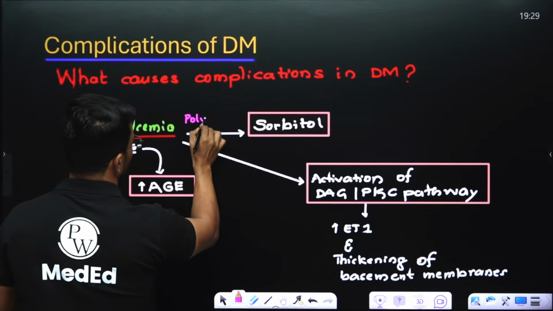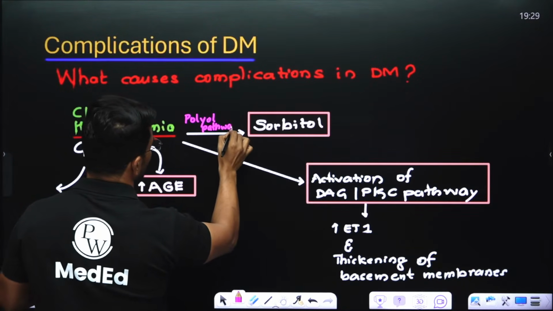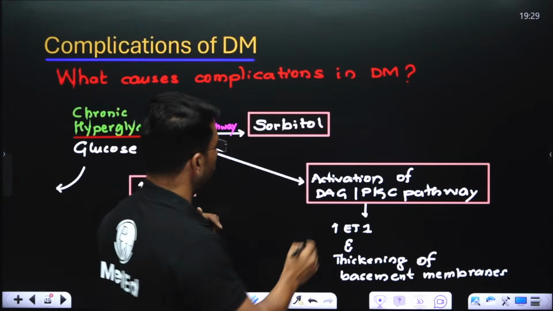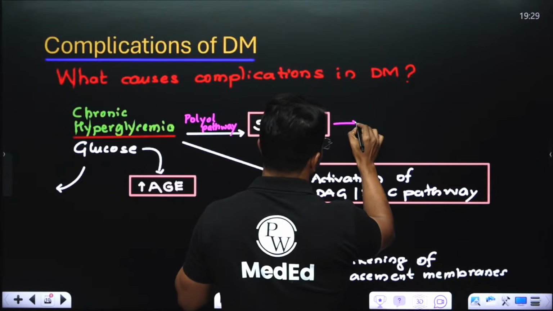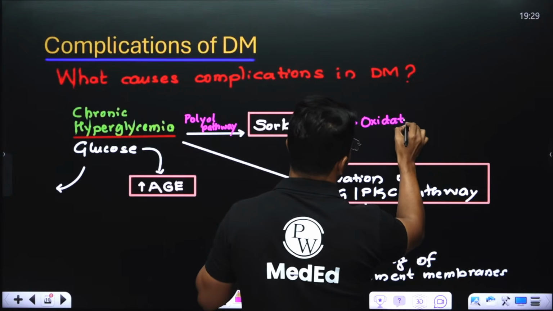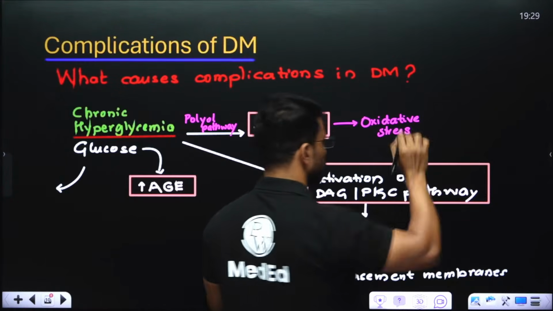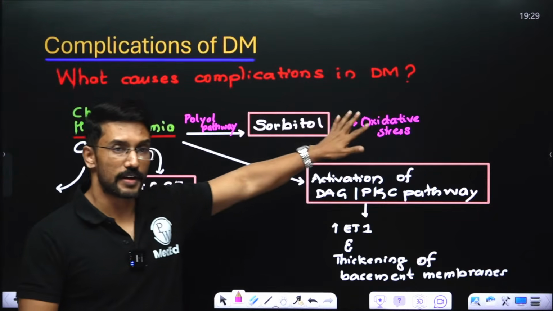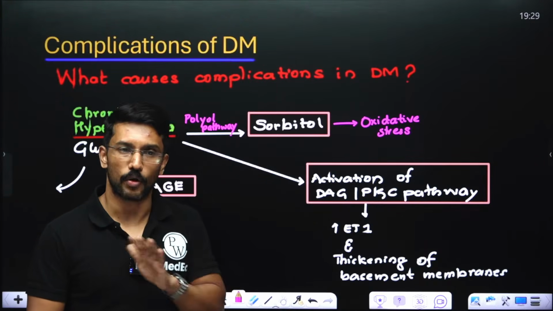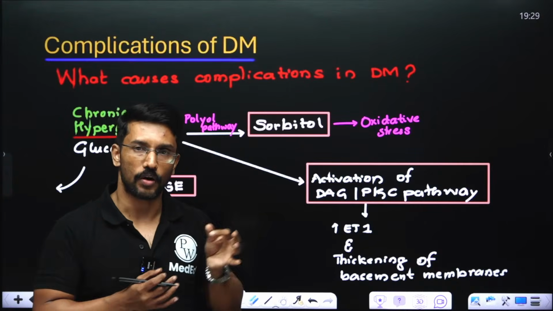This glucose gets converted to sorbitol, which is a sugar alcohol. And this sorbitol increases the oxidative stress. So there's oxidative damage to tissues. So it's not only about polyuria, polyphagia, polydipsia and weight loss, but also tissues are experiencing increased oxidative stress.